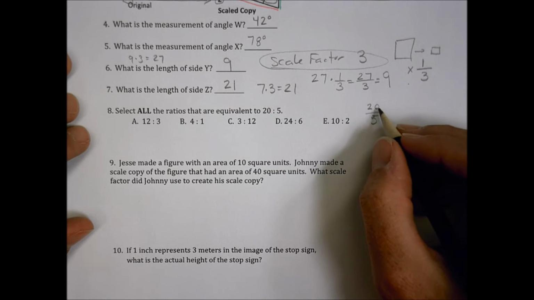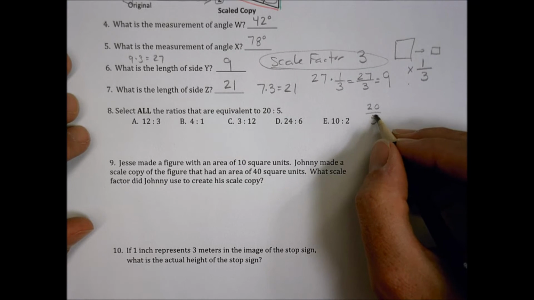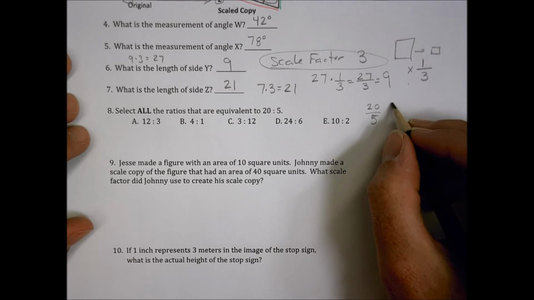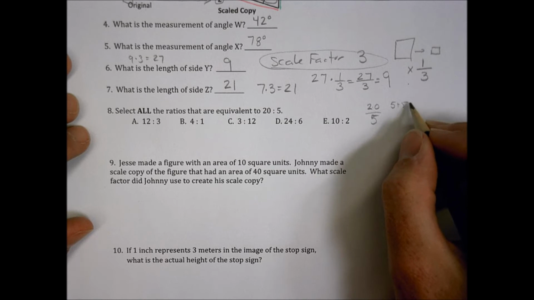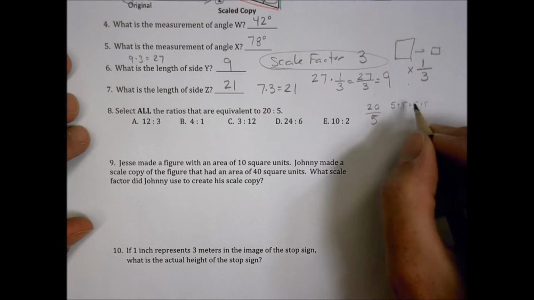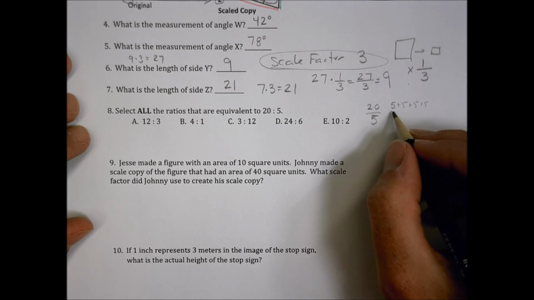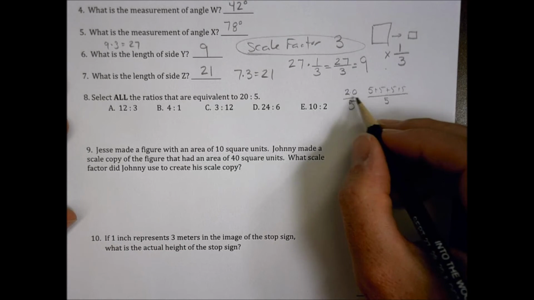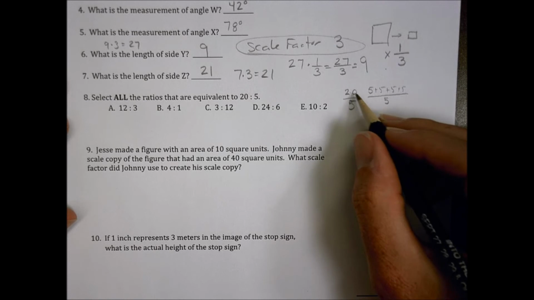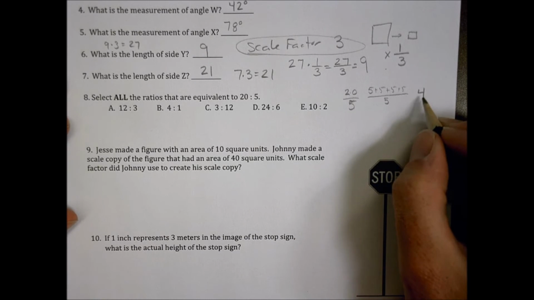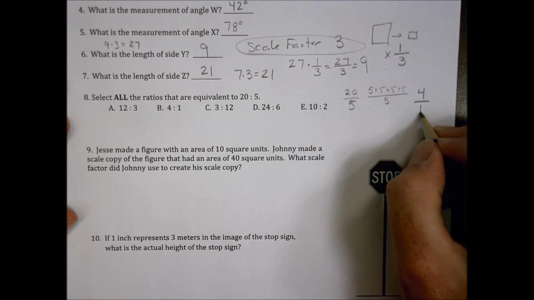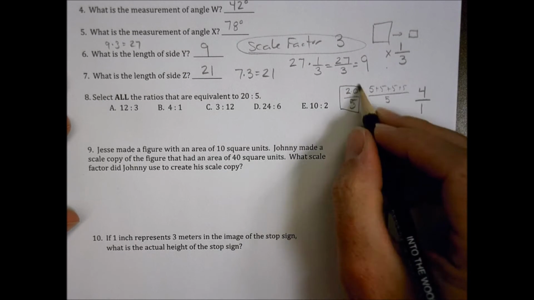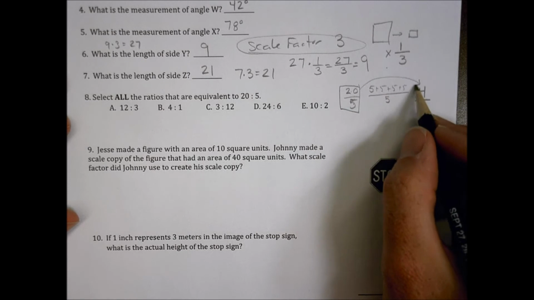When I think about 20 over 5, I know I have 4 5s inside of 20, because 5 plus 5 plus 5 plus 5 is equal to 20, right? And I have 1 5 on the bottom. So in terms of reducing, 5 goes in there 4 times, and there's 1 5 in there. So 20/5 can be reduced to 4 over 1.